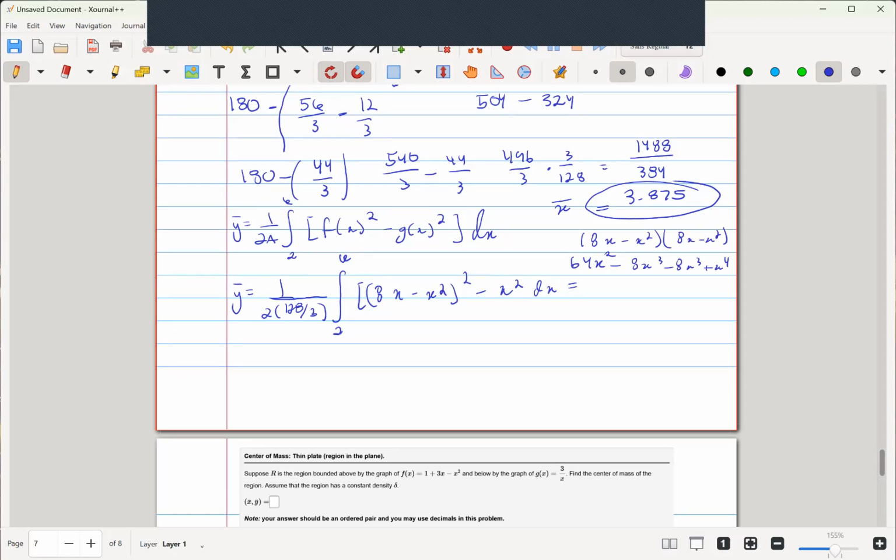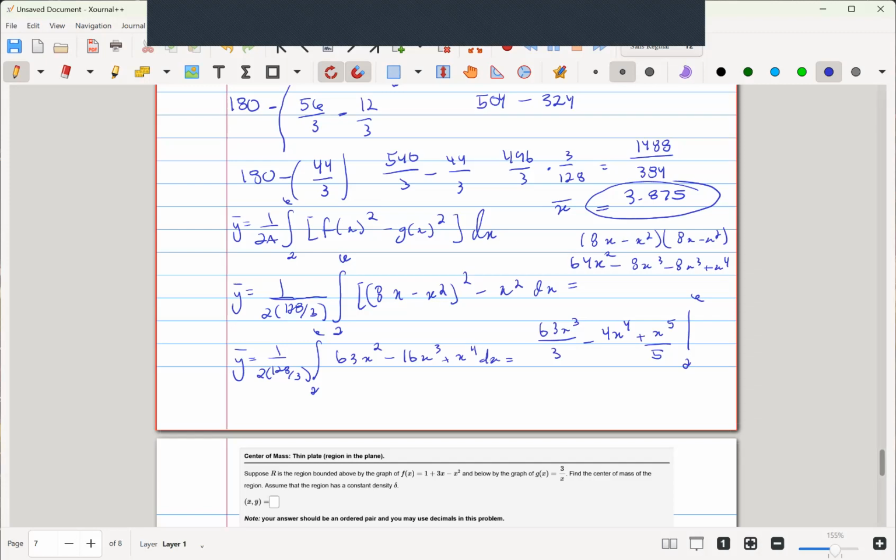So we simplify that to y bar is equal to 1 over 2 times 128 divided by 3, integral from 2 to 6 of 63x squared minus 16x cubed plus x to the 4th dx. And that integral is 63x cubed over 3 minus, thankfully this simplifies to 4x to the 4th, plus x to the 5th over 5, from 2 to 6.